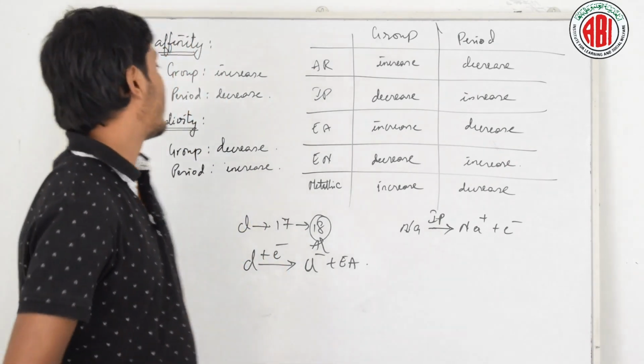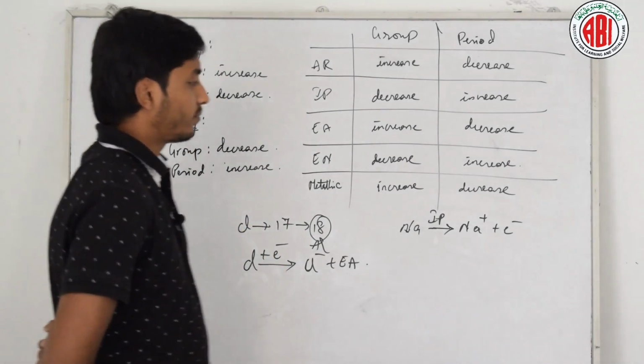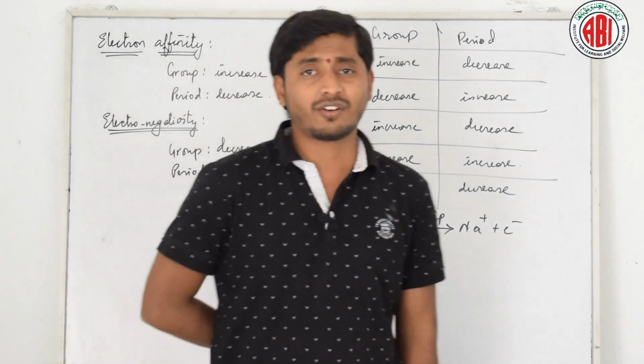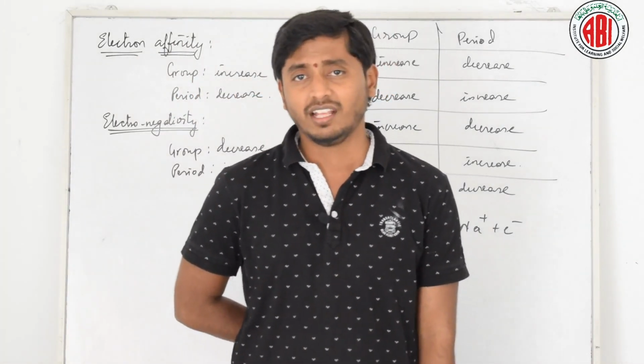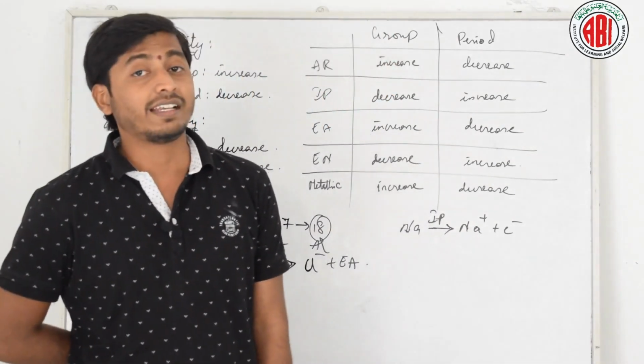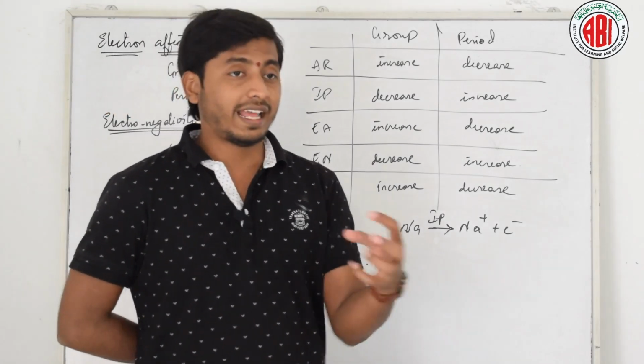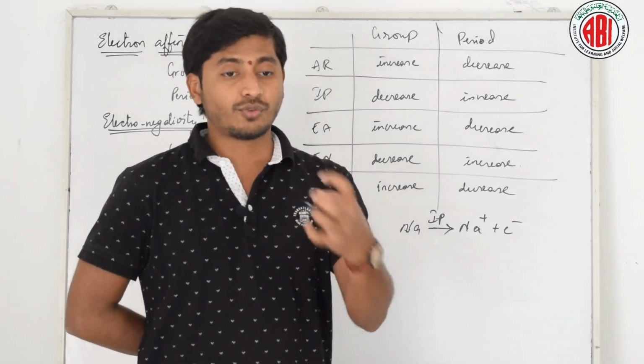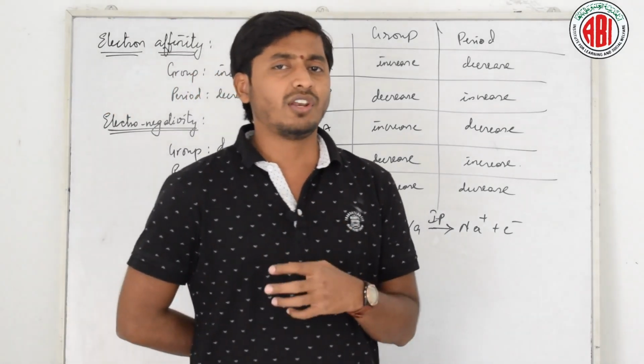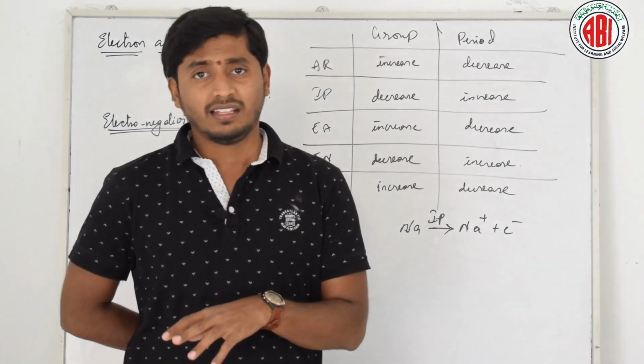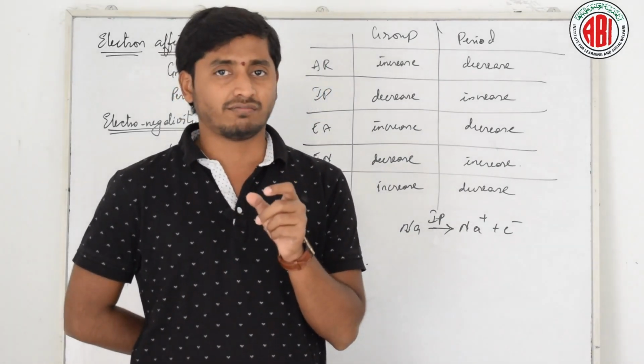Okay. Next, electronegativity. You have heard about electronegativity and electropositivity, right? Electronegativity is tendency to attract the pair of shared electrons towards itself, right? We all know that Na and Cl are sharing a single pair.